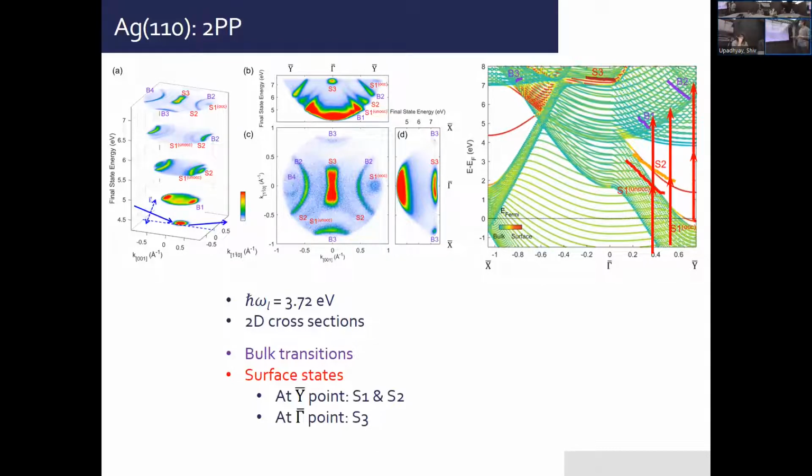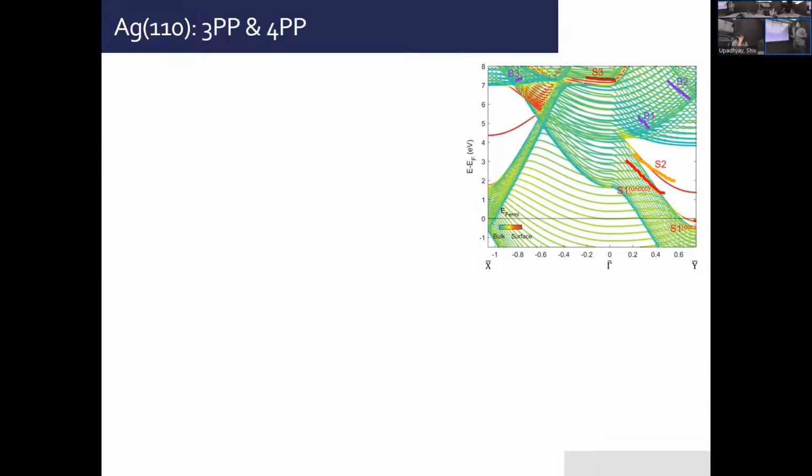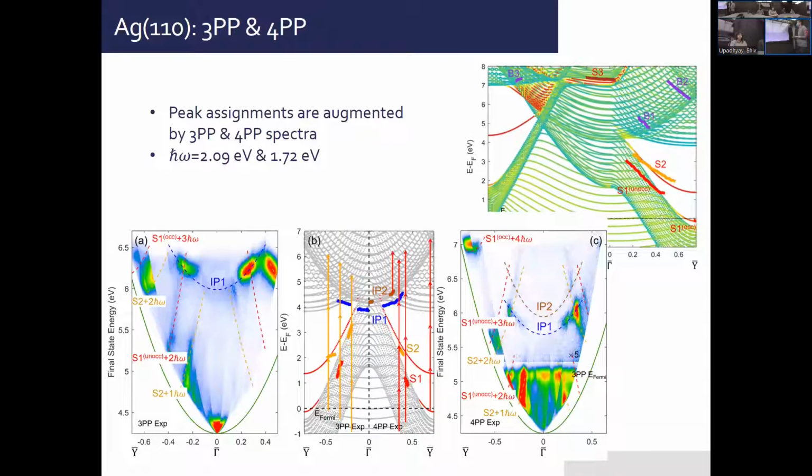To augment these assignments, we increased the nonlinear order to induce a 3PP and a 4PP spectrum. These two are the corresponding spectra. When we look at these yellow and red dashed lines, these are the dispersions I extracted from the 2PP data, from the previous data, and plotted at the corresponding energy position.